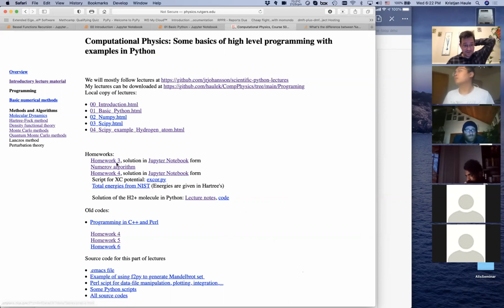So through this homework 3, homework 4, and so on. So with this, we're going to master Python SciPy pretty well, and then we can go to slightly more advanced algorithms.